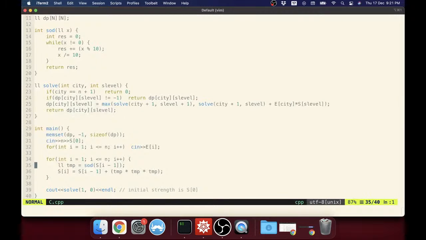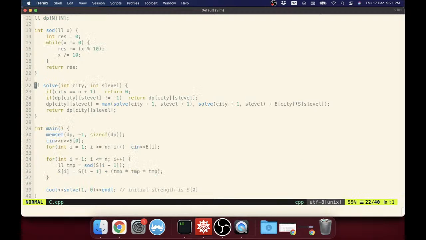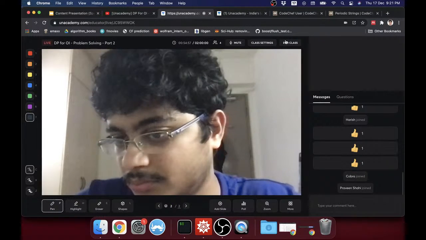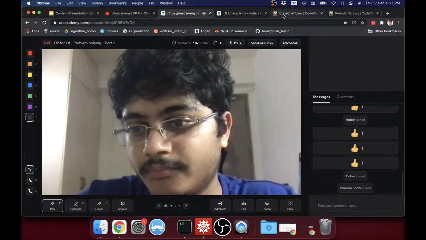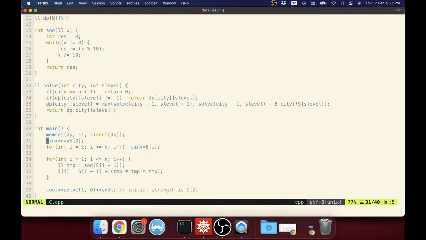If you have any doubts, if you don't understand any part, like how the memoization is happening, or how the sum of digits function, the SOD function, is working, just put that in the message box, so that I know what you want from my side to improve in the understanding of the code.